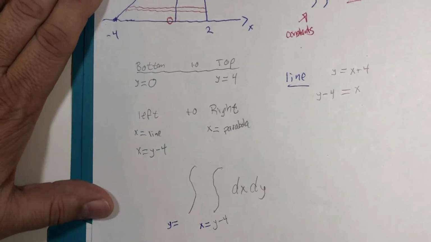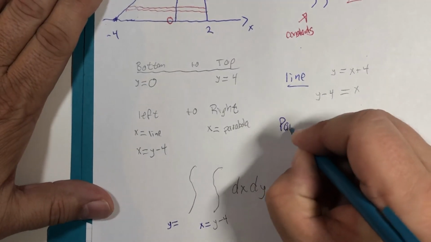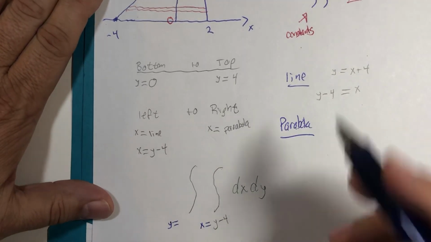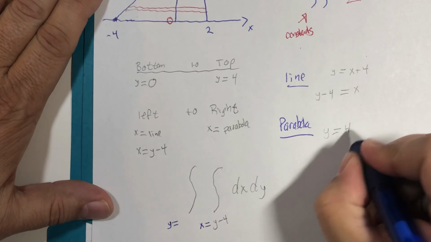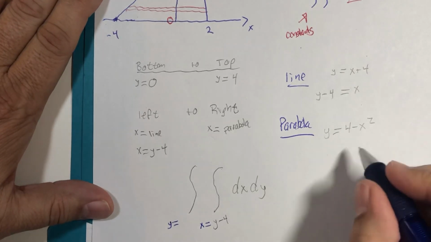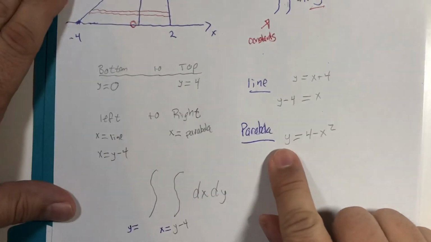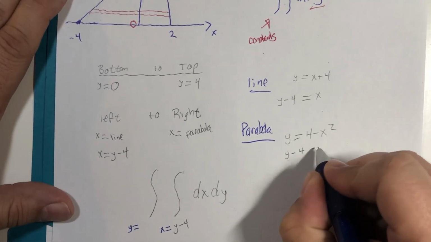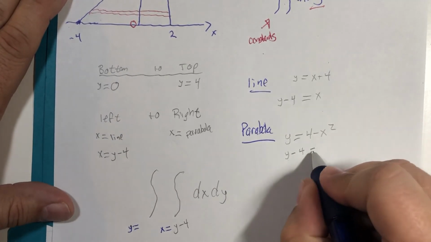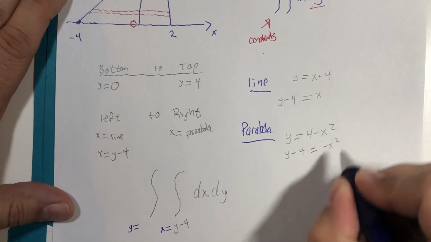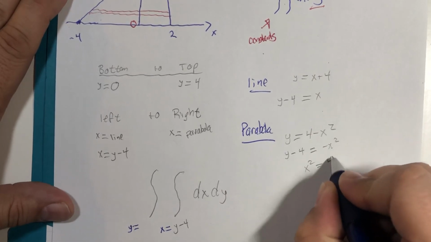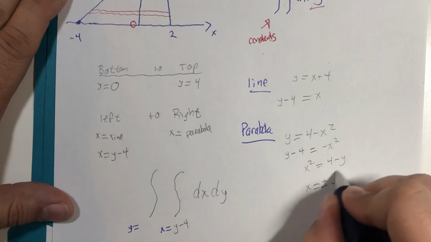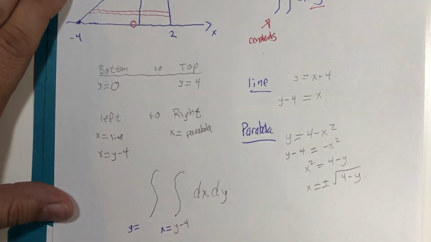The parabola, y equals 4 minus x squared. If I attempt to solve this for x, y minus 4 equals negative x squared. X squared is 4 minus y. X is plus or minus the square root of 4 minus y.